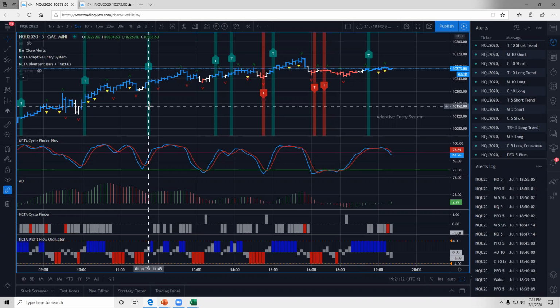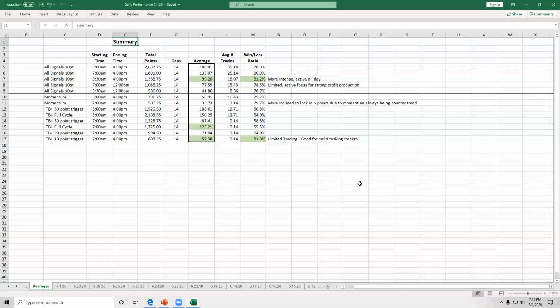It's an opportunity to trade a single time frame and a single signal and get in and get out for very reasonable profit.